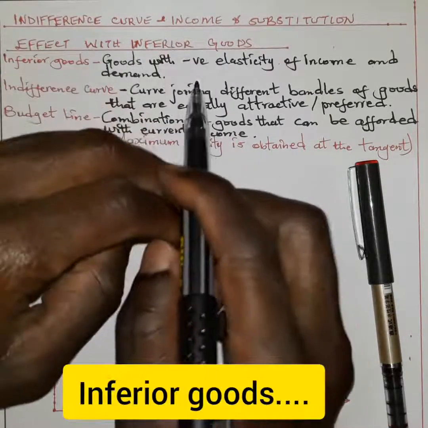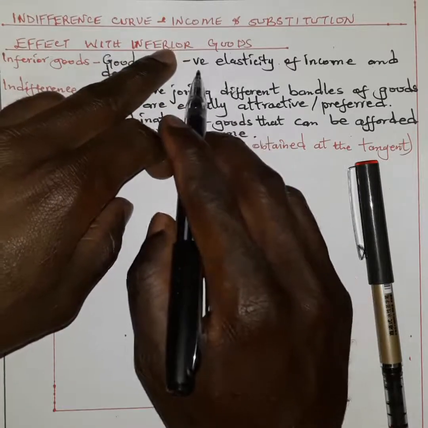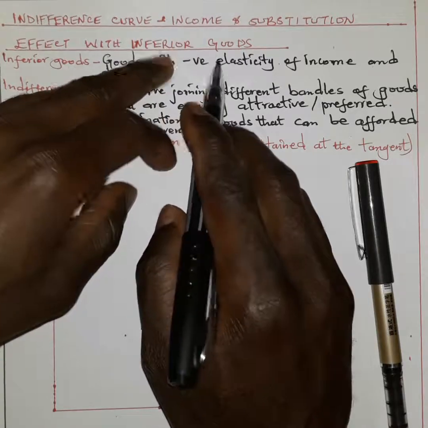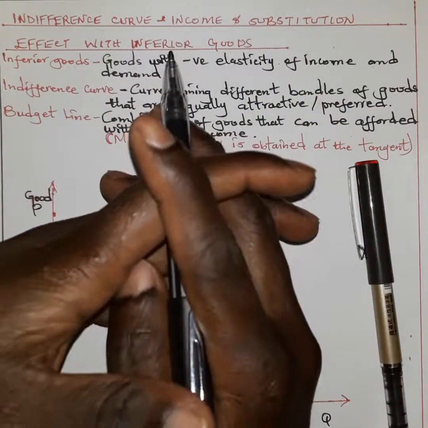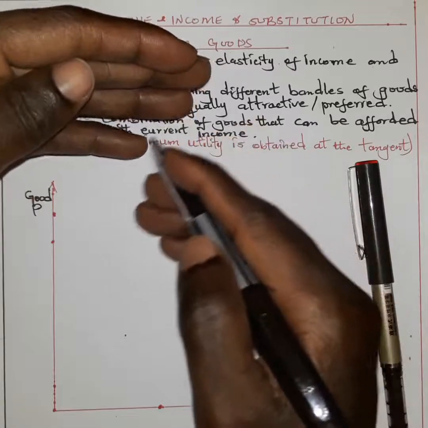Now, just to explain what an inferior good is: normally we have what is known as the normal good. These are goods whose decrease in price leads to an increase in demand.